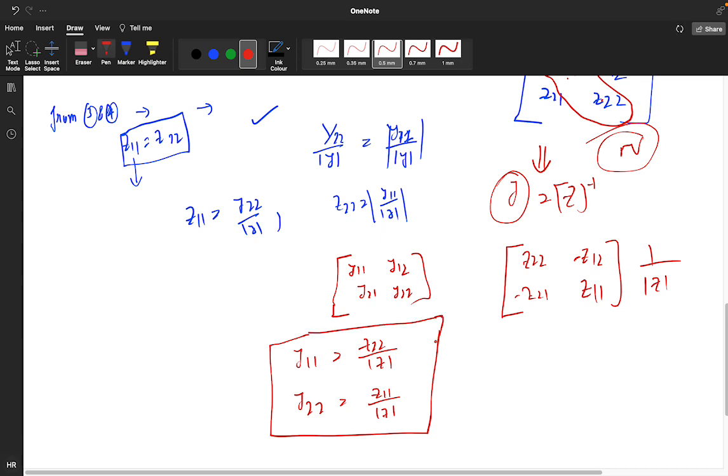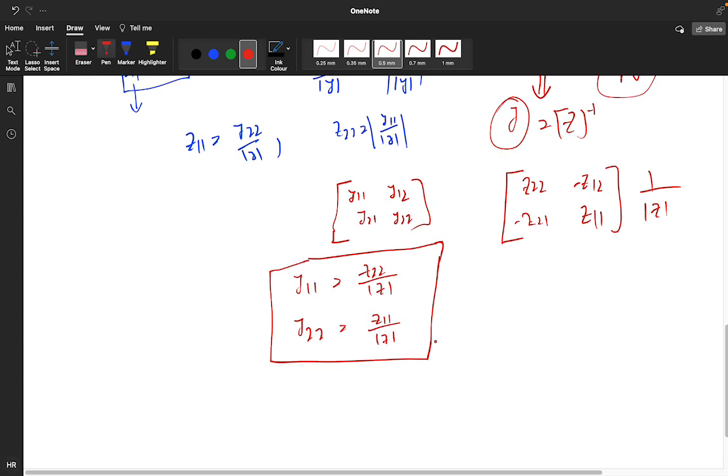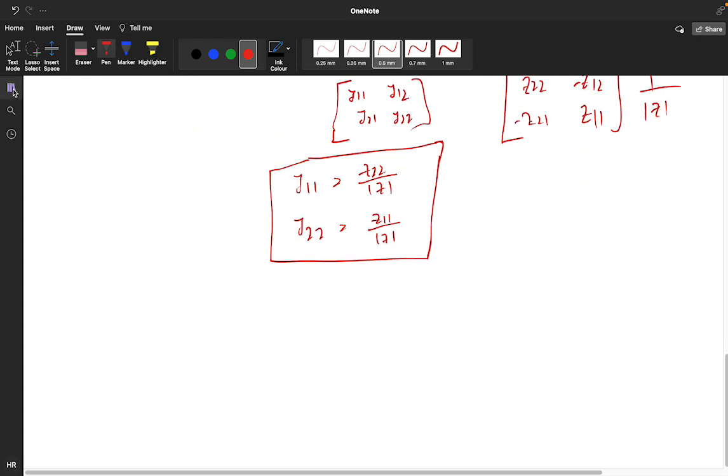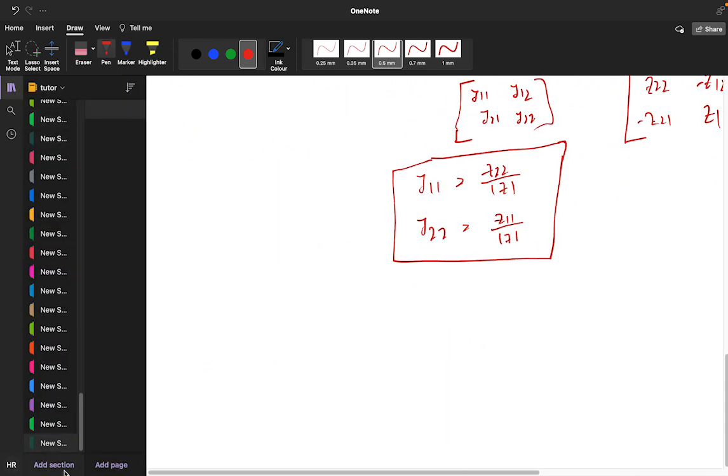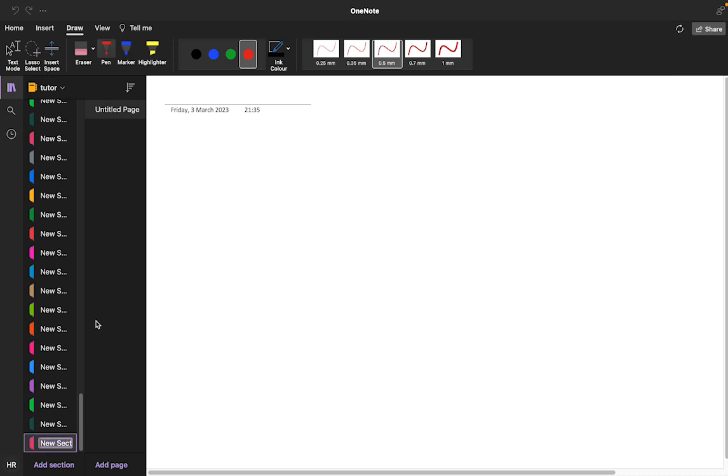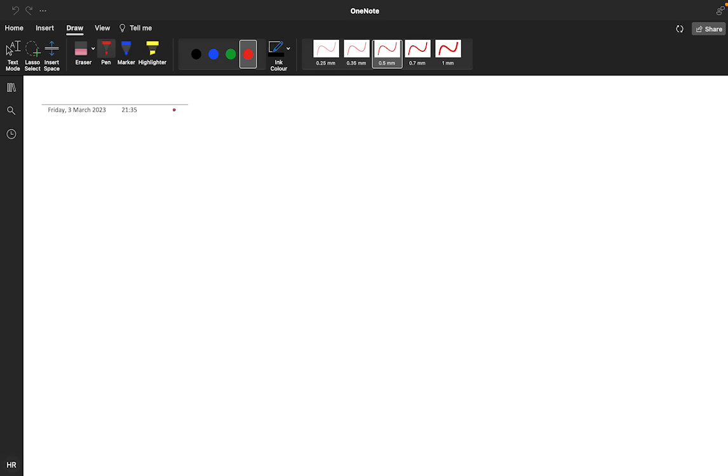Now write the notes for the condition for reciprocity, in the same manner as what we did.